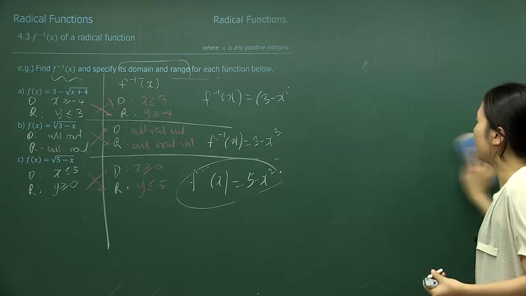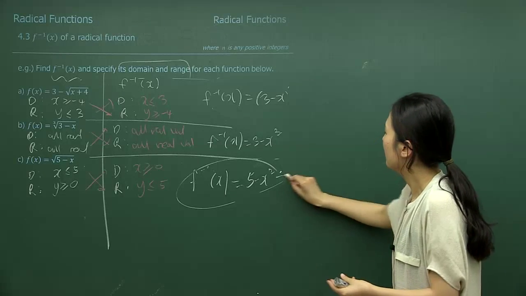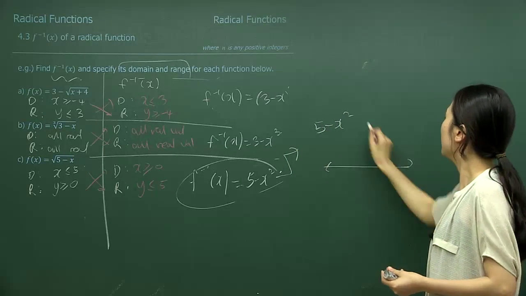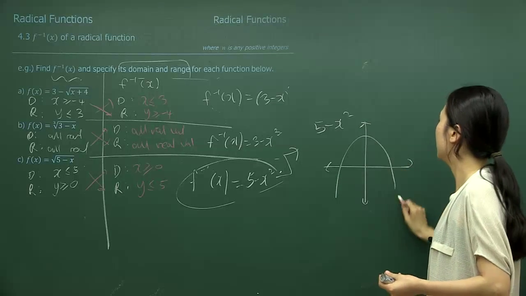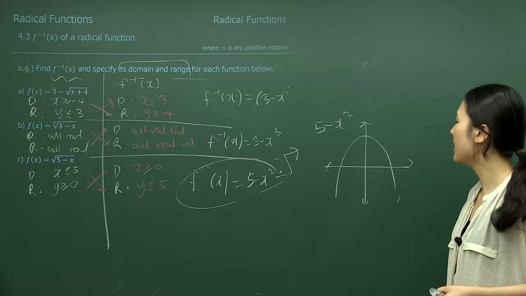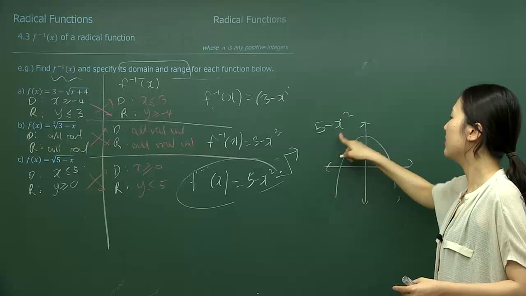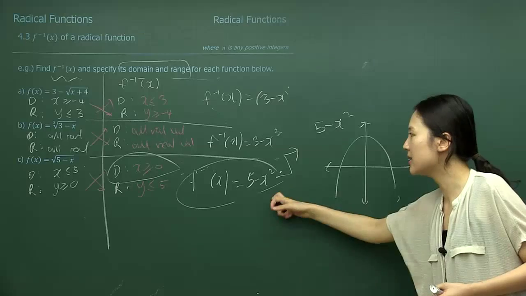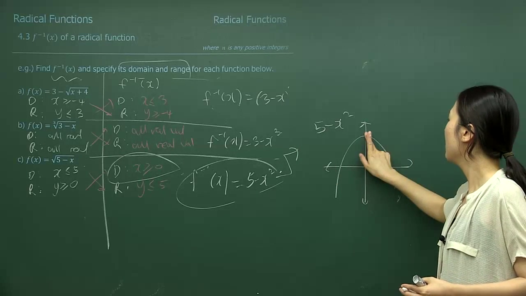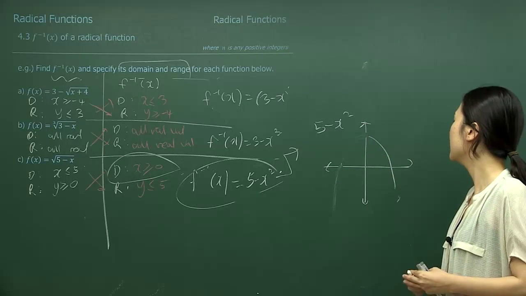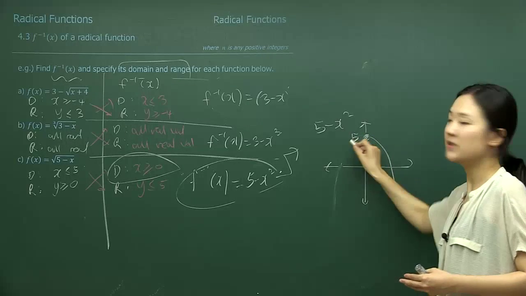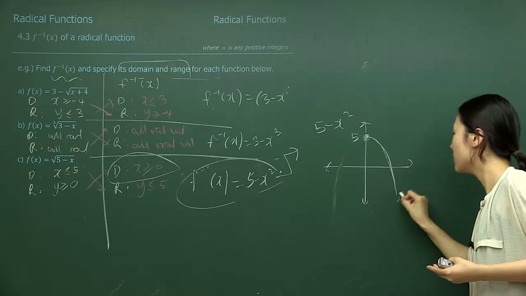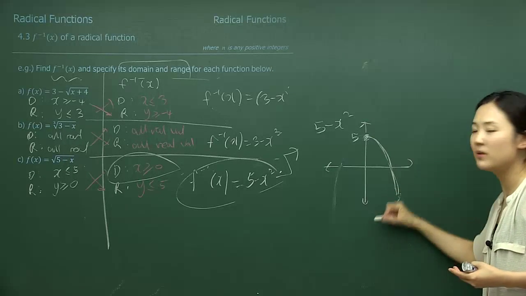You will be graphing a parabola flipped downward, starting from 5, right? This is the graph of this, but because the domain should be only positive, we are only actually graphing this part. You see? So the domain is the positive values only, and the range goes from 5 to below.